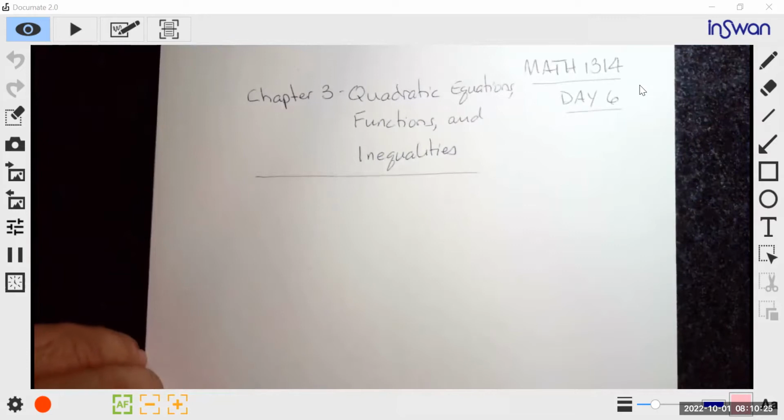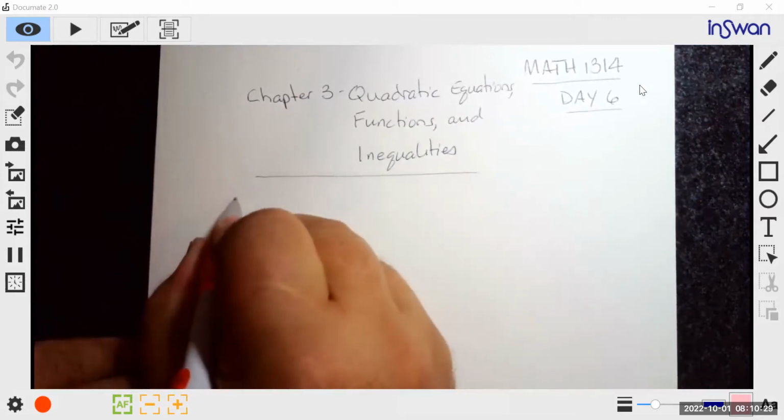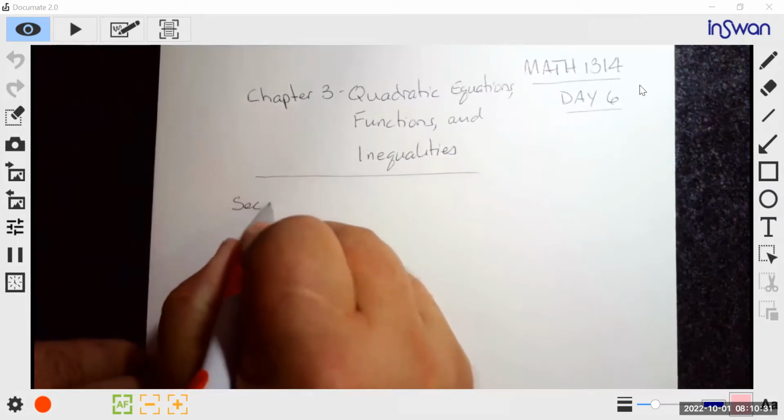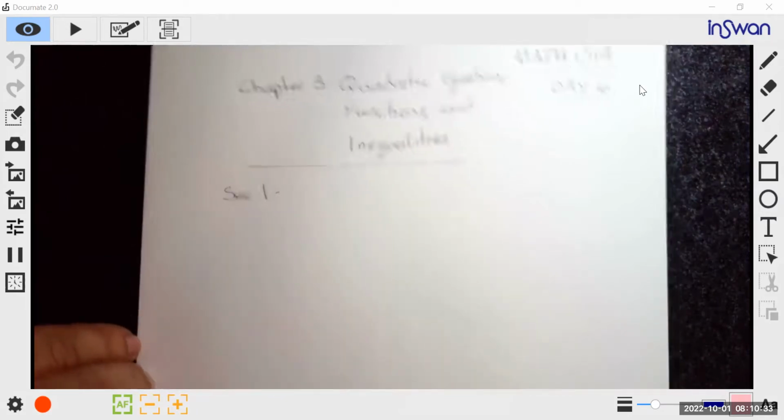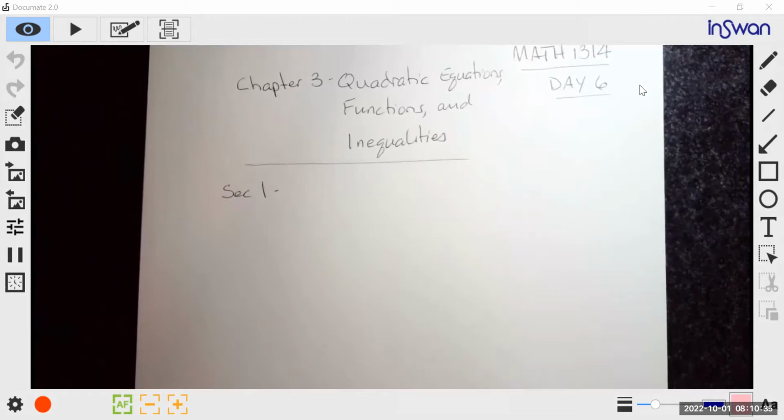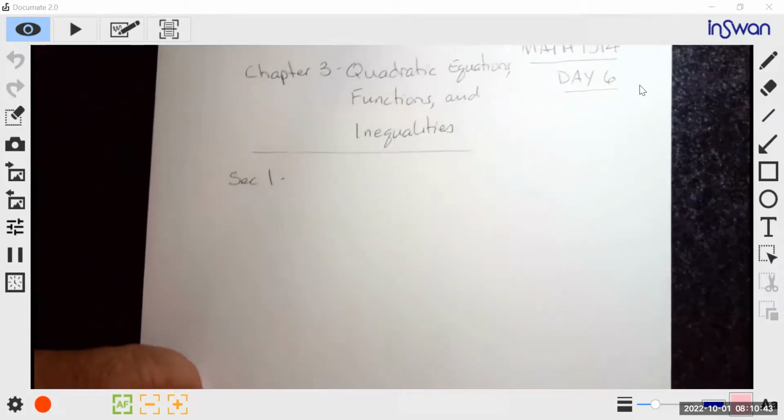So now we're getting more into the realm of math. Section 1. This section seems pretty straightforward, but it has a lot of separate little rules that we have to go over.